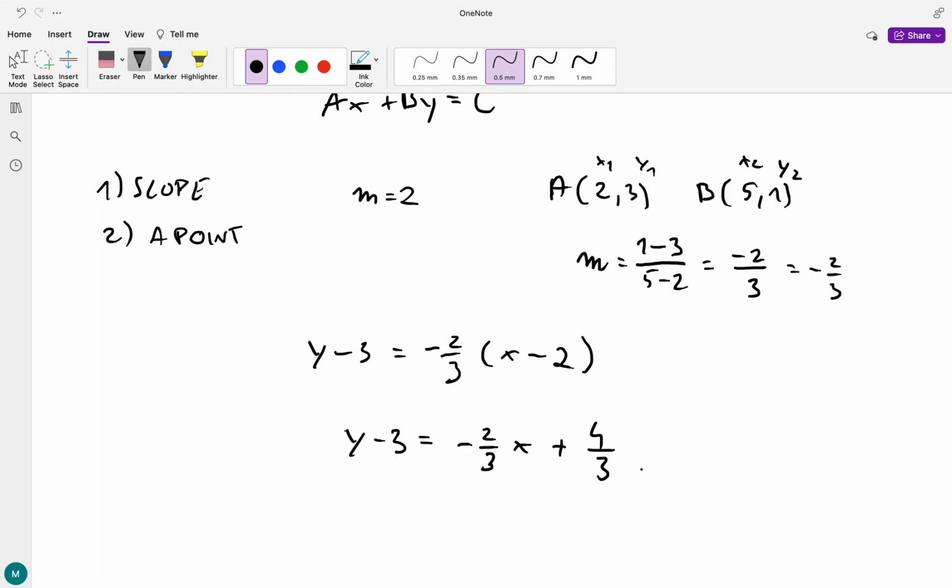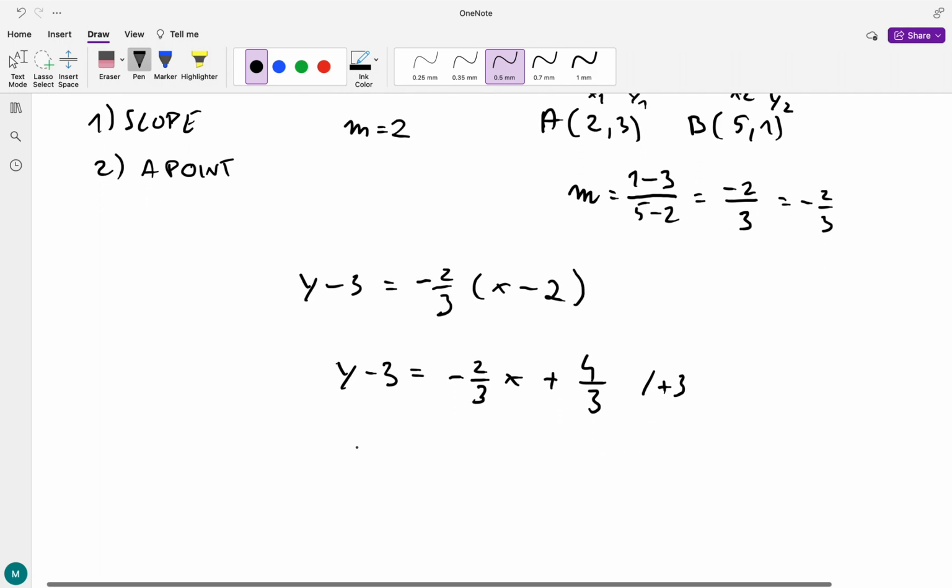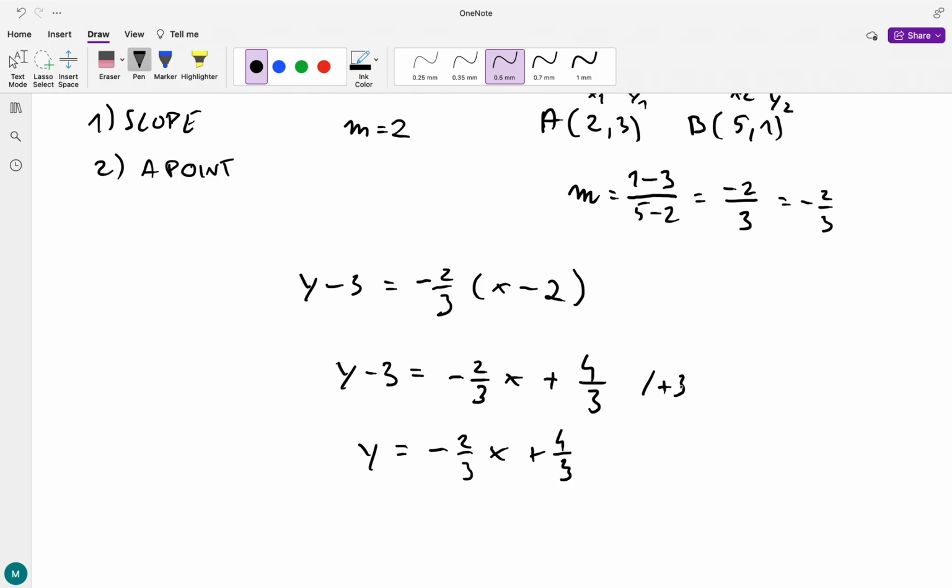And then we're going to add 3 to both sides, actually. y is equal to -2/3x plus 4/3. And I'm going to rewrite this 3 in the form of a fraction. So I'm going to say 9/3 so we can have that intercept as one number.